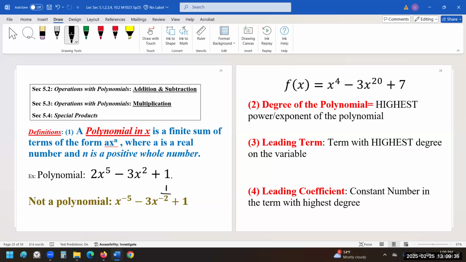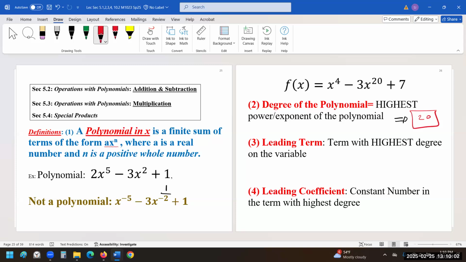The highest power of a polynomial is called the degree of the polynomial. For example, here, we have the power 4 and power 20. Which one is highest? 20. So the degree of this polynomial is 20. Degree means power, and especially the degree means the highest power in the polynomial.